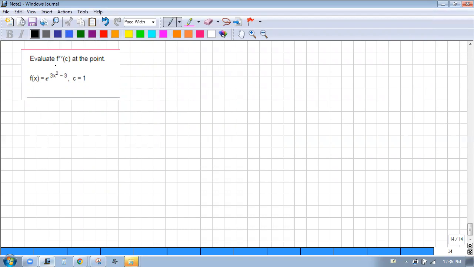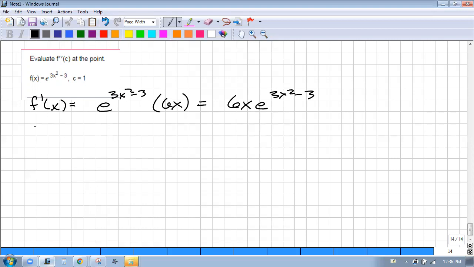All right, so find f double prime at the point 1. Well, f prime: the derivative of e to the stuff is e to the stuff times the derivative of stuff. We would write that as 6x e to the 3x squared minus 3. So for f double prime, we have to do the product rule. We have the first function times the derivative of the second.